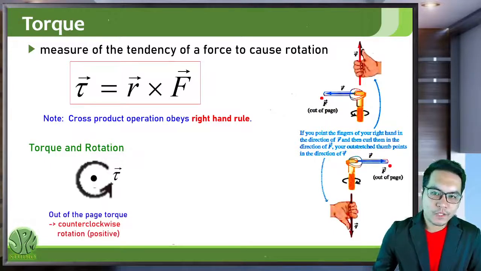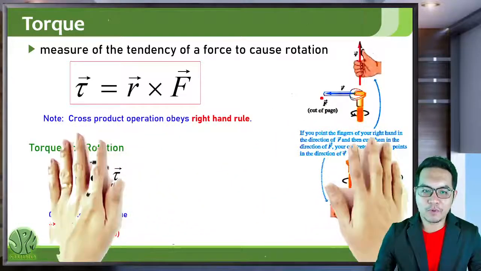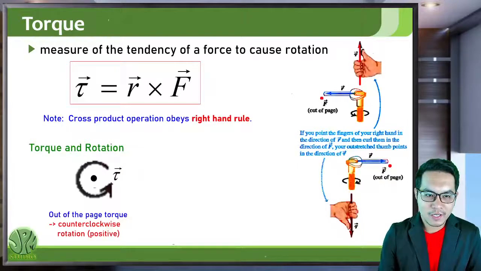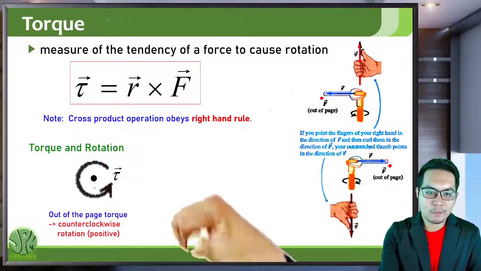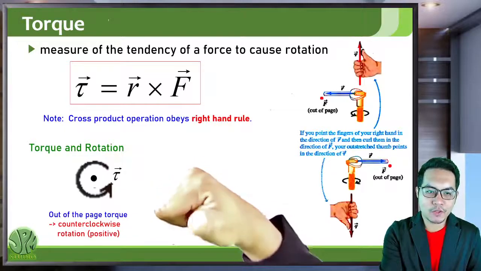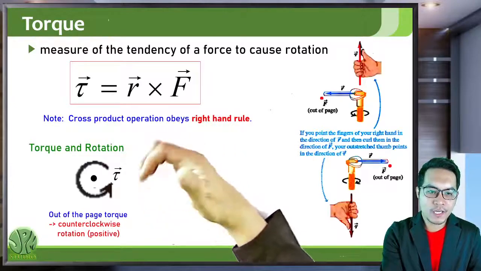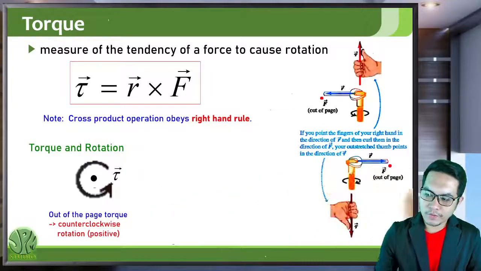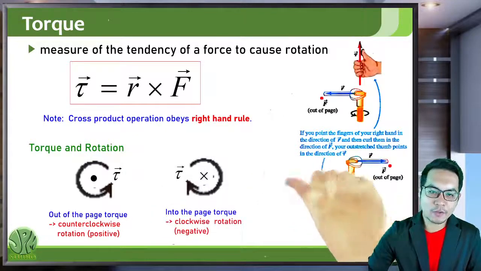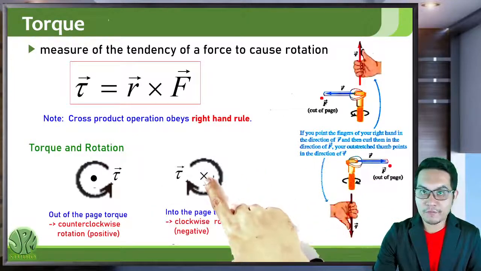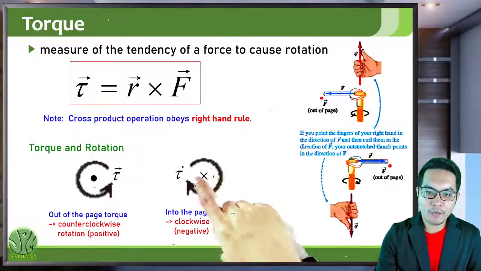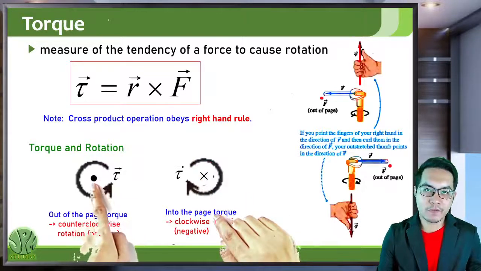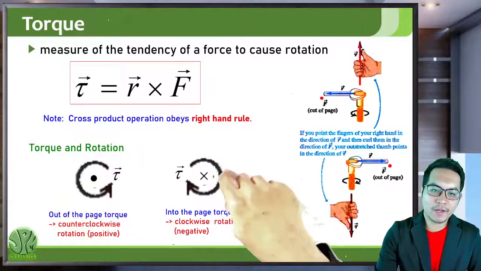Since our board is only two-dimensional, we will define positive and negative torque. If you have a torque that is out of the page, going towards you, meaning it's a counterclockwise rotation, that is a positive torque. If you have a torque that is into the page, you are seeing the tip of the torque vector, so the vector is into the page.